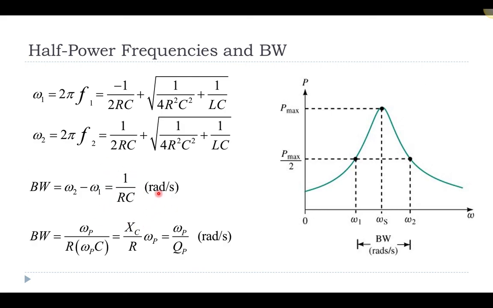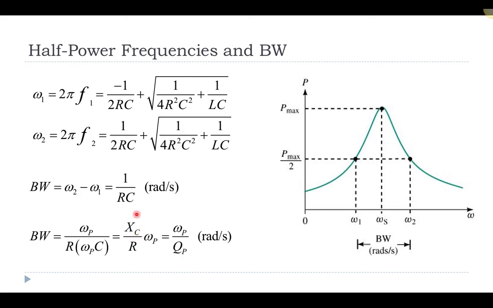I can also write the bandwidth in terms of the quality factor, similar to what we did before. So if I multiply the top and the bottom by the resonance frequency for parallel, I realize that the term on the bottom here becomes 1 over the resonance frequency times the capacitance, which is the capacitive reactance.